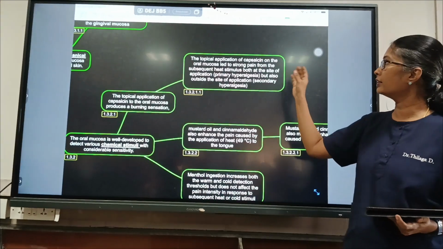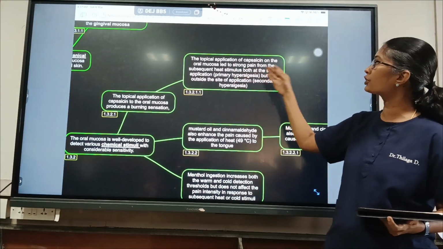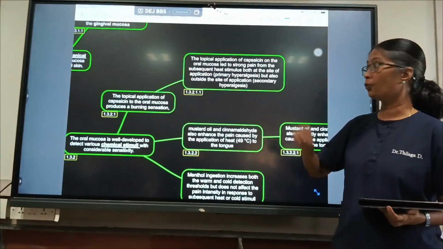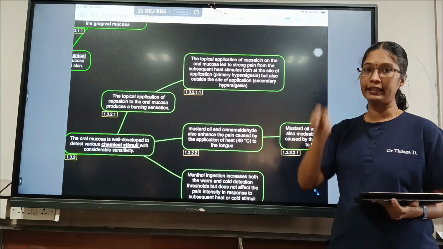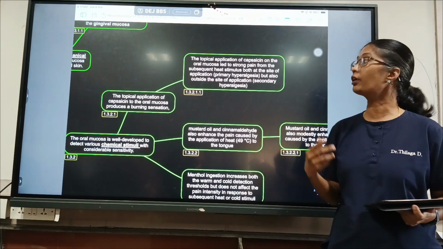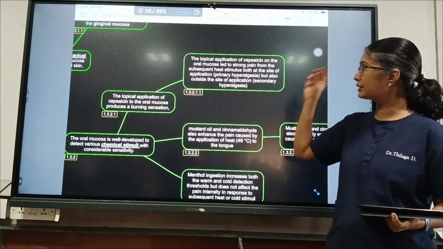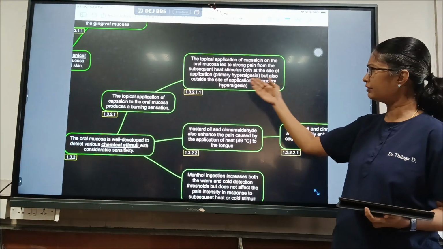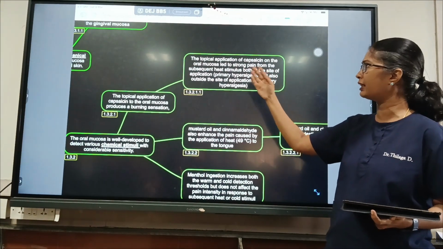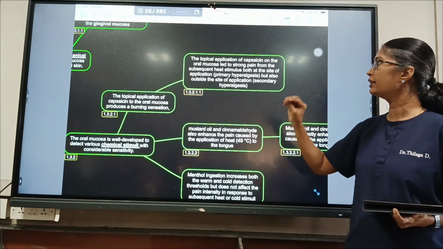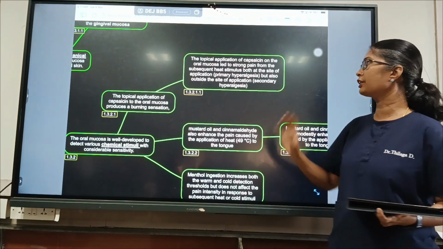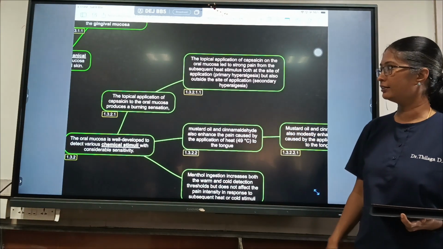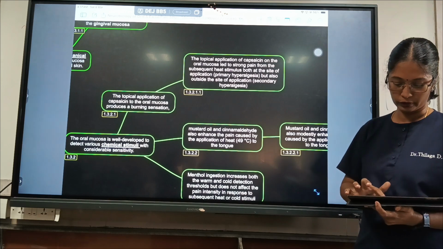After applying capsaicin, if you apply heat in that area, it will cause more pain at the site of application as well as in the secondary area. This is called primary hyperalgesia at the site of application, and outside the site of application we call it secondary hyperalgesia. So this happens in oral mucosa.